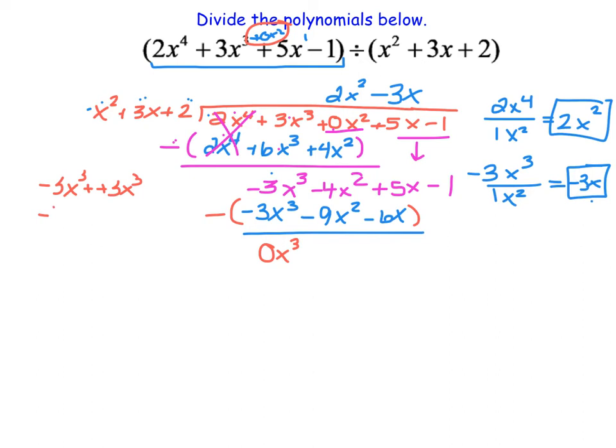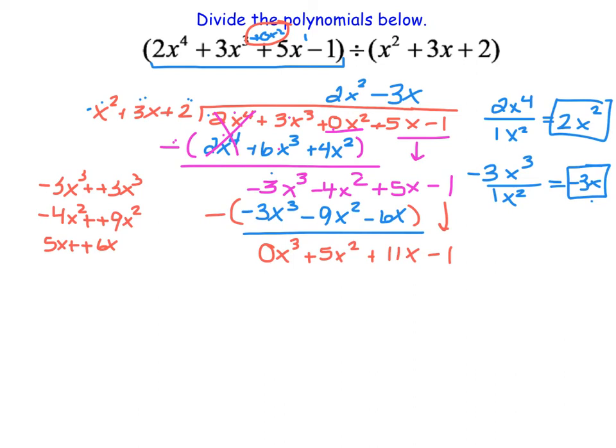I then have negative 4x squared minus a negative 9x squared. So keep, change, that becomes a positive 5x squared. And then I have 5x minus negative 6x, which keep, change, becomes 11x. And then from here I can bring the negative 1 down still, and there we have our next polynomial.